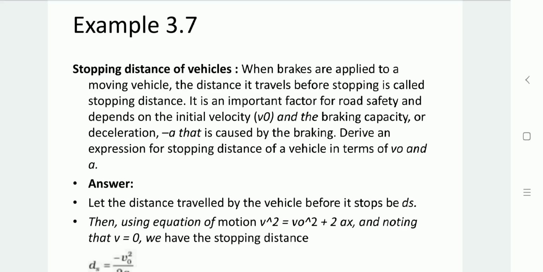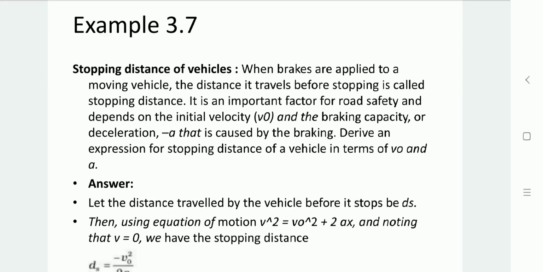Initially the object is in motion having an initial velocity. If the brake is applied, then after the brake is applied, the vehicle covers a certain distance and then it will stop. So here we need to calculate that particular distance.